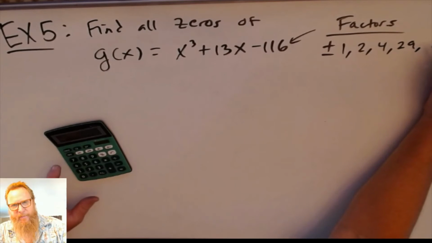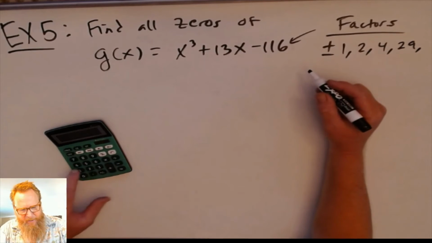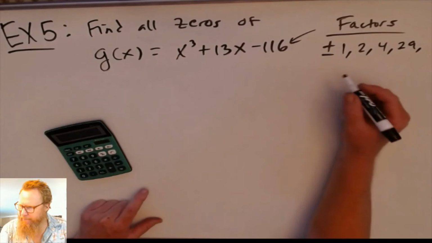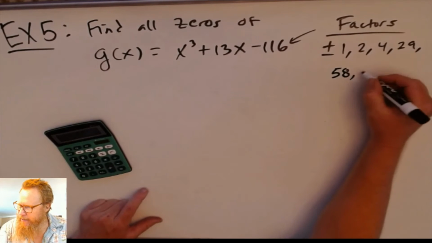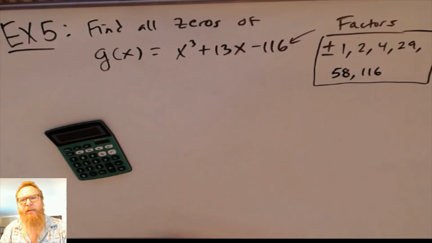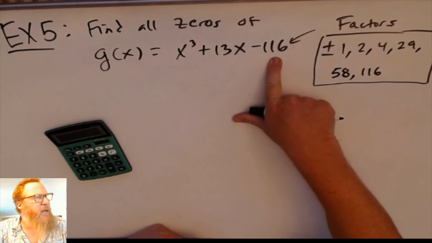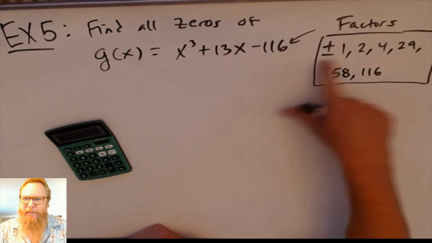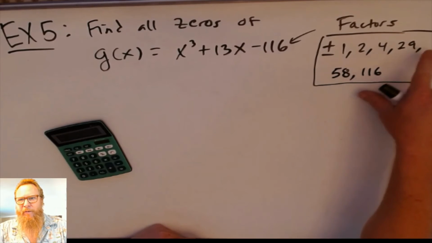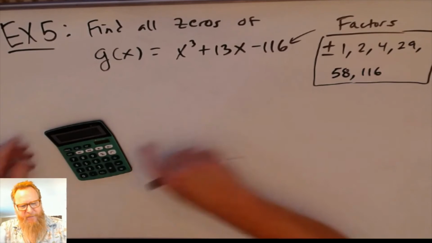And I guess it's not as many as I thought. 116 divided by 2 is 58. And then 116 itself. When I first saw that number, I thought, oh, shoot, I'm going to have dozens and dozens of possibilities. But it's only 1, 2, 3, 4, 5, 6. So 6 positives and 6 negatives.